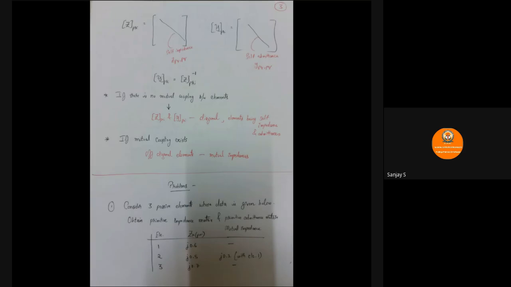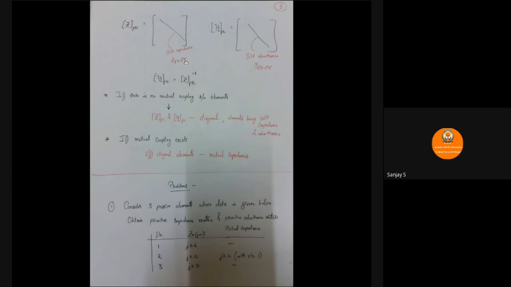Whenever a particular element is mutually coupled with another element, the mutual impedance will be represented as off diagonal entries, while the self impedance will be represented as diagonal entries. This is true for Y primitive also. Here you have self impedance, here you have self admittance. Representation ZPQ comma PQ, YPQ comma PQ, which says they are diagonal entries, self impedances.